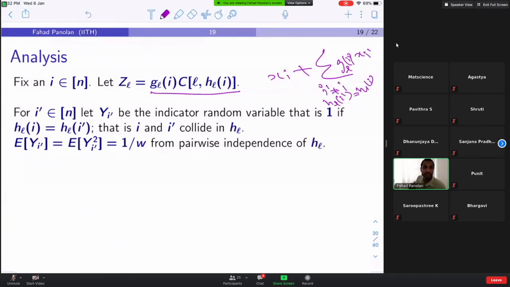How does g_l map i prime? g_l maps i prime to 1 or -1. If it is mapping to 1, then you will be adding it. If it is mapping to -1, then you will be subtracting it. Is this fine? This is Z_l.